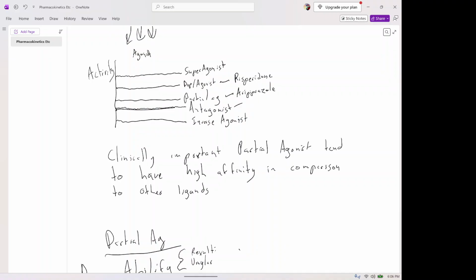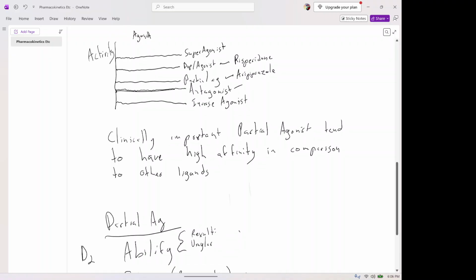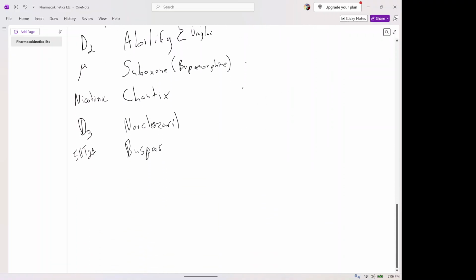But the risperidone creates a bigger effect at each receptor. The Abilify hugs the receptor harder. And when you hug the receptor harder, you can knock off the other drugs. You can basically overcompete them. So that becomes especially relevant in a specific case.